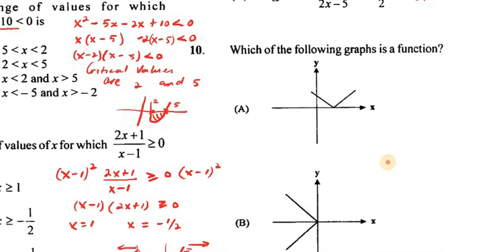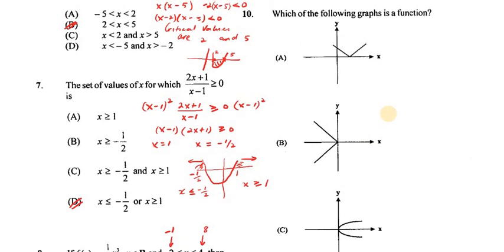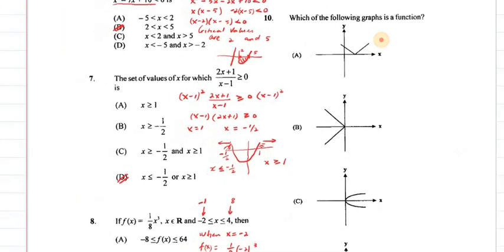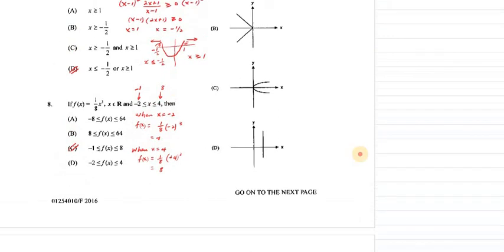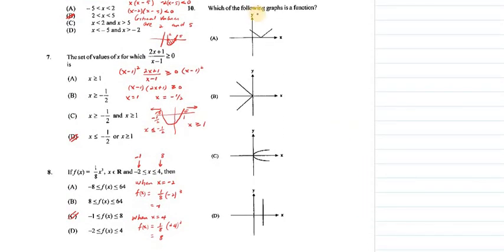Question 10. Which of the following graphs is a function? To find out which graph is a function, there's something called the vertical line test. That says that the graph needs to cut at one point. If it cuts at more than 1 point, it is not a function.